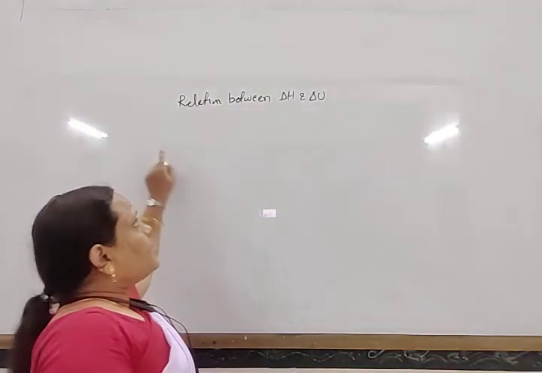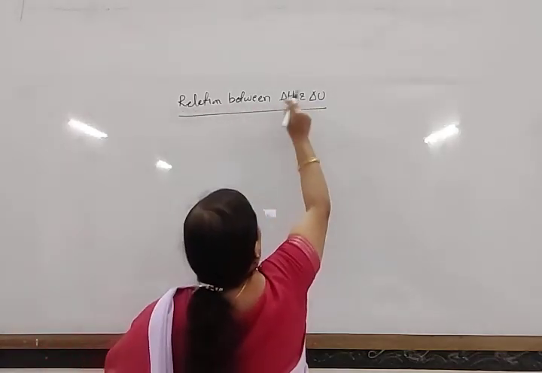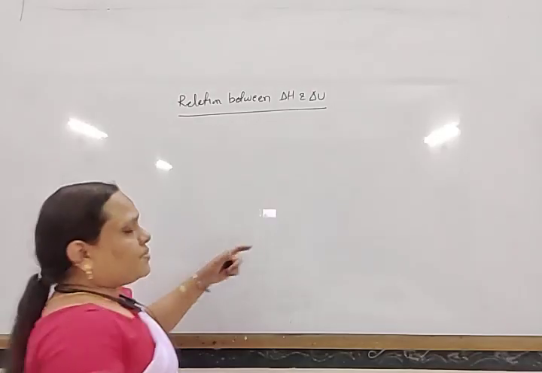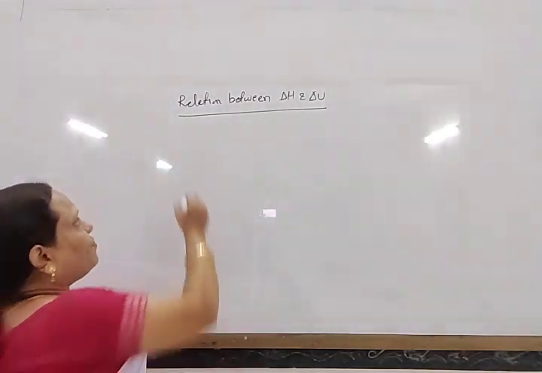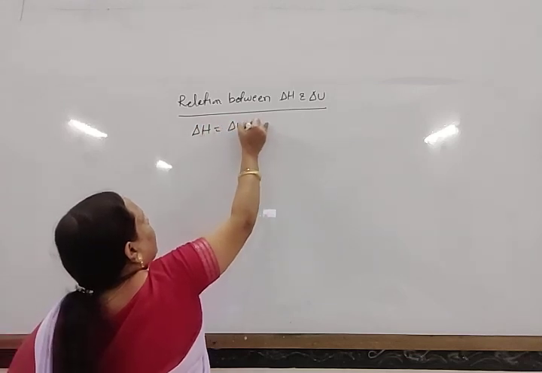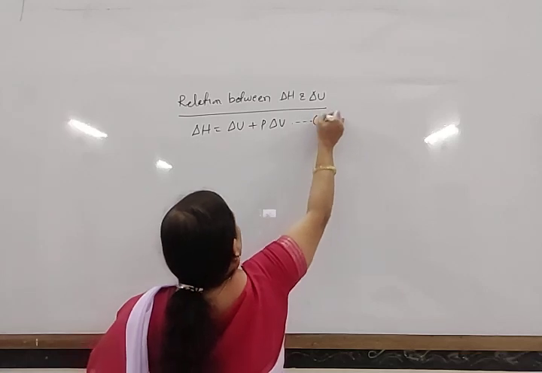What is the relationship between ΔH and ΔU? This is the enthalpy change and this is the internal energy change. From this last equation, we find ΔH is equal to ΔU plus PΔV. This is equation 1.